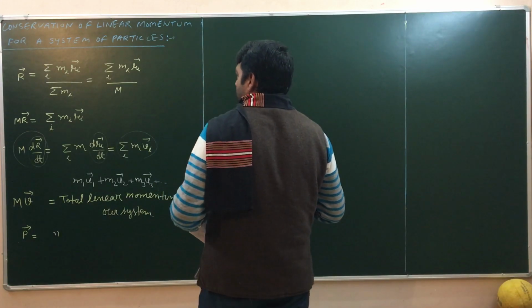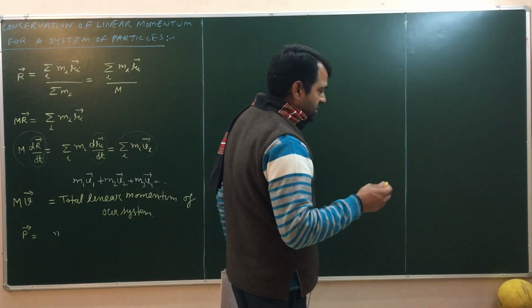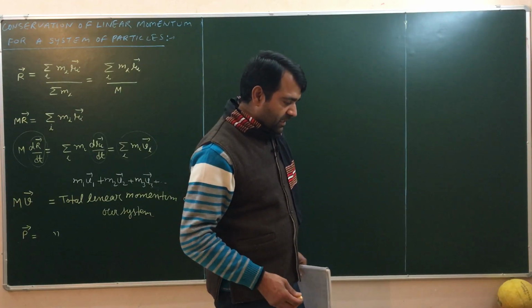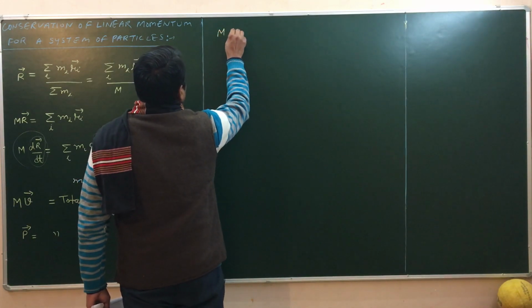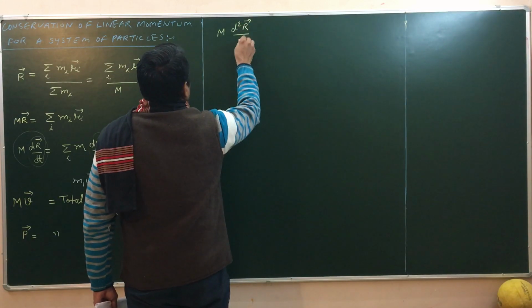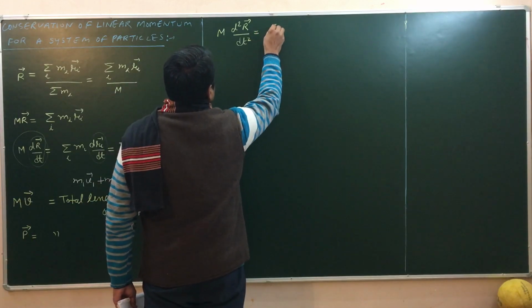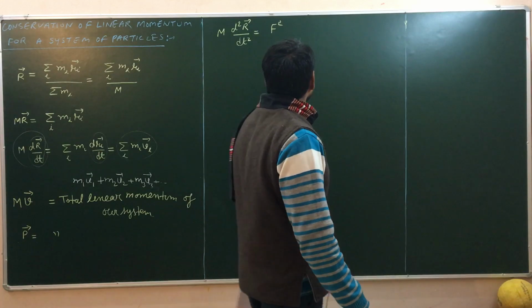Student, in yesterday's lecture we also came across another equation, which was Newton's second law for our system of particles, and that equation was m, the second derivative of our vector r with respect to time t, equals the total external force on the system.